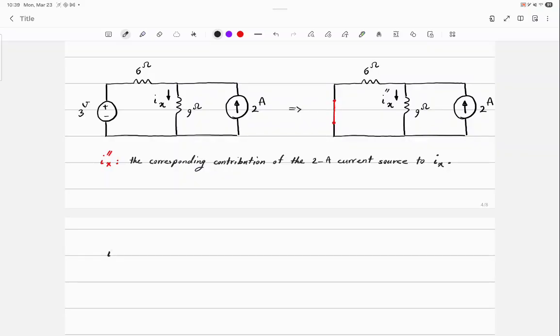So I need to find I double prime x. What is that? I'm looking for a smart idea, a very smart idea. I know that it can be done many ways, but I'm looking for the best one.